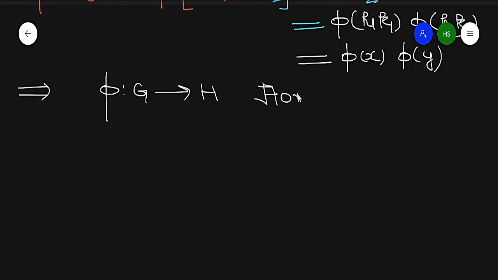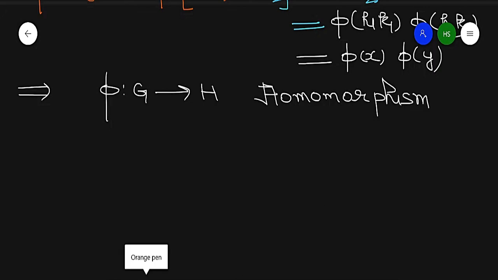If it is a homomorphism, now prove the onto homomorphism. So next is to prove it is onto. Onto means every element of this has a pre-image.